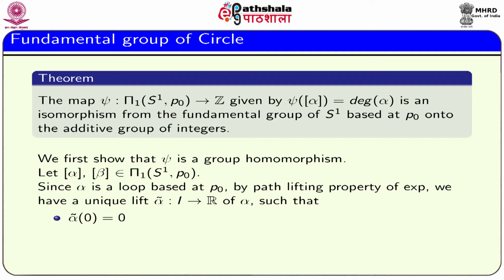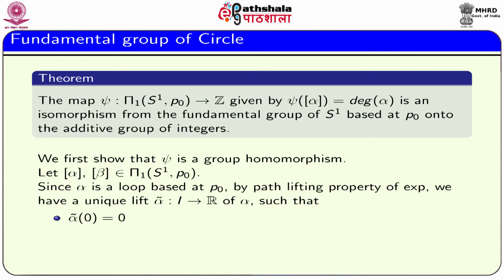Now, of course, this psi is well defined because we have already proved that whenever alpha and beta are two equivalent loops, they share the same degree.